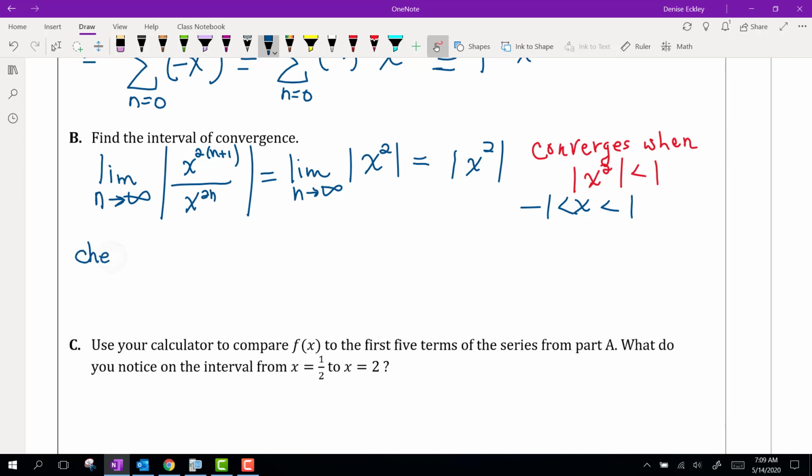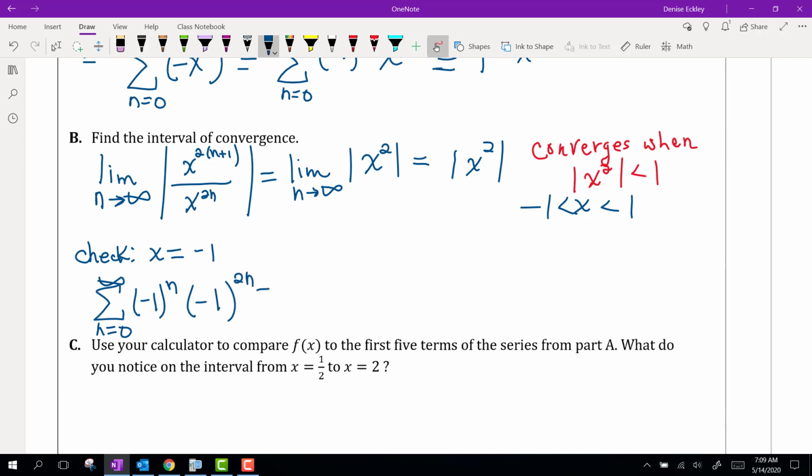So we're going to check when x equals 1. When we do that, we have this series, the sum from n equals 0 to infinity of negative 1 to the n, and then we just have another negative 1, since that's what our x is, negative 1 to the 2n.